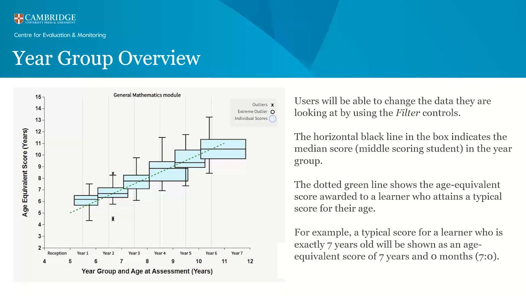And if you've got your black line on the box intersecting with that green line, that's pretty much where you need to be. Above that, brilliant. Keep doing what you're doing. If it's below, then you're going to be thinking about intervention strategies to put into place.